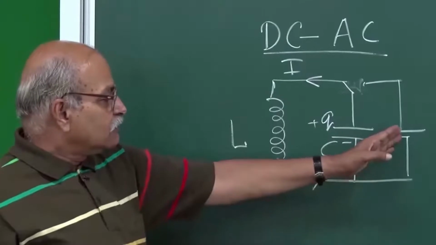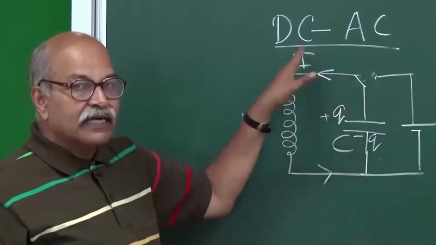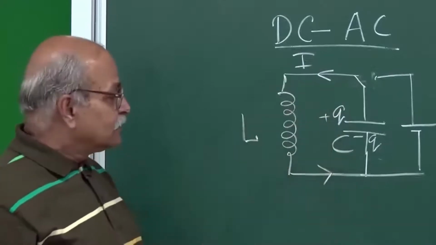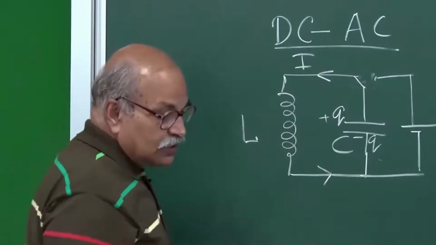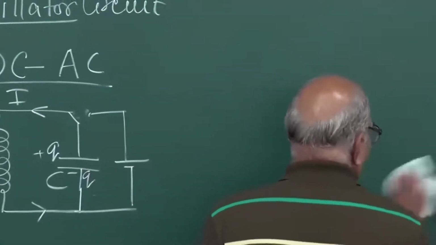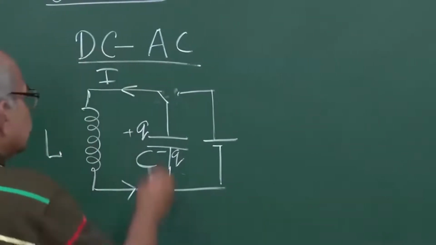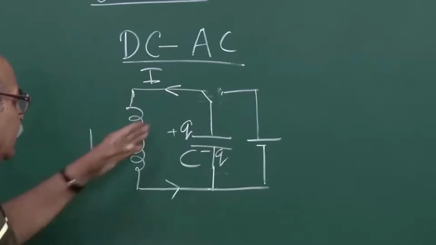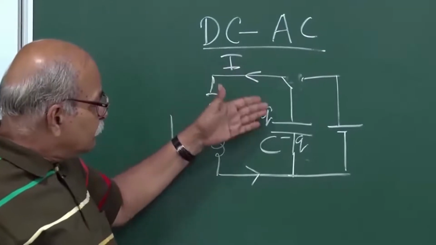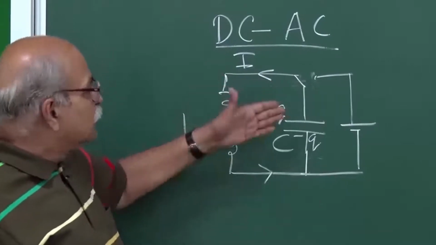After charging through this battery, we just disconnect it, and here you have a current, and this current oscillates at a particular frequency. If you go by equations, since the current flows and the charge gets transferred between these two plates, Q is decreasing, and the rate of decrease of Q is also changing.